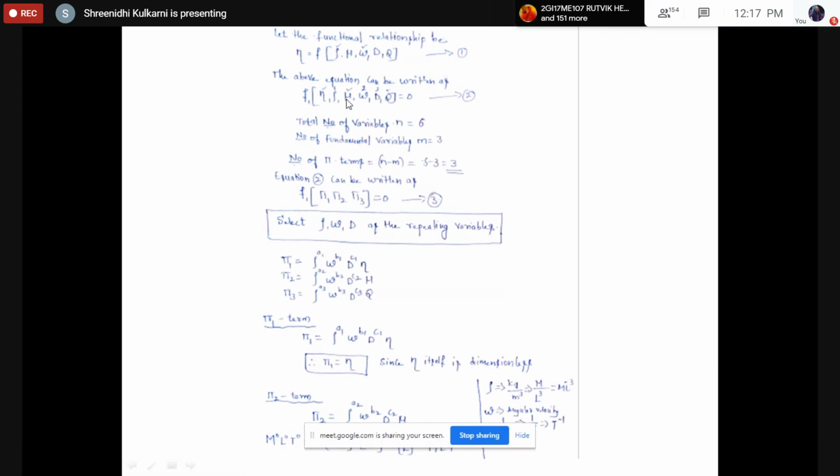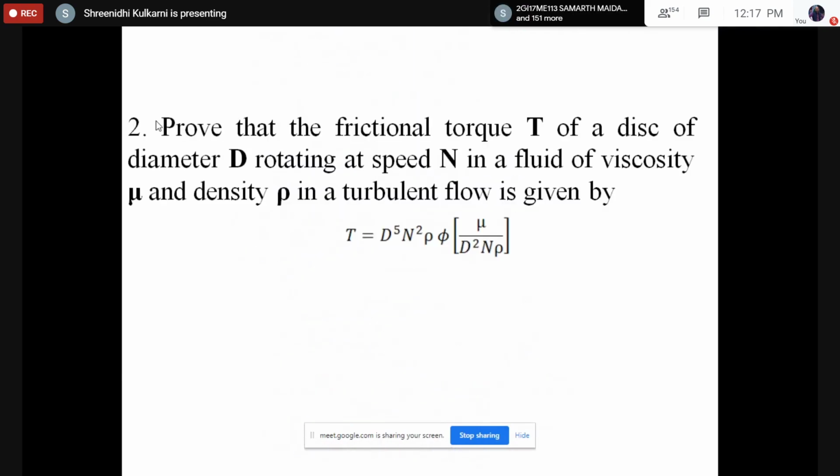But while solving the second problem, I will tell particularly how to select those terms. I will show here. See here, they have given: prove that the frictional torque.